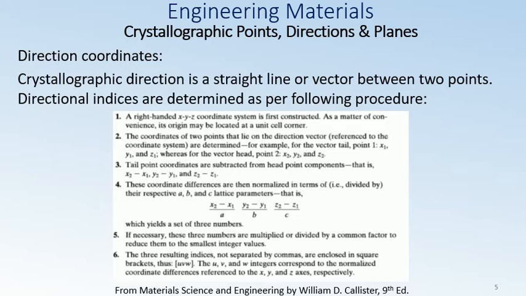Next is how we determine direction coordinates. A crystallographic direction is a straight line, or you can say a vector between two points, starting from the origin and terminating at the end point that we have fixed for ourselves.